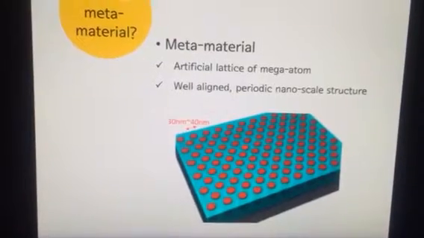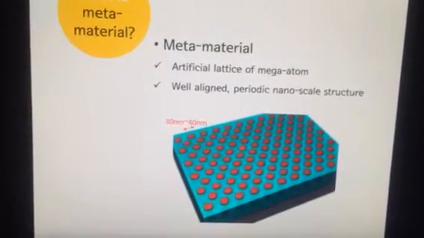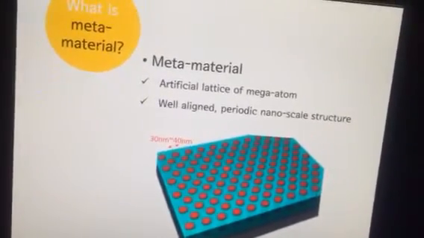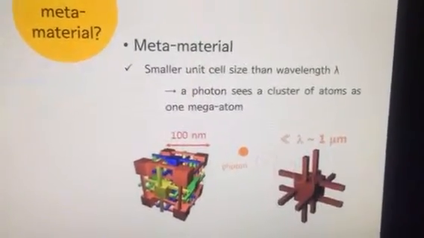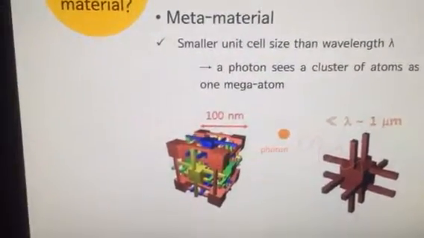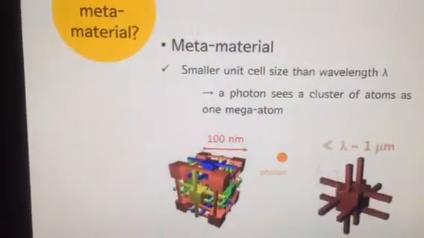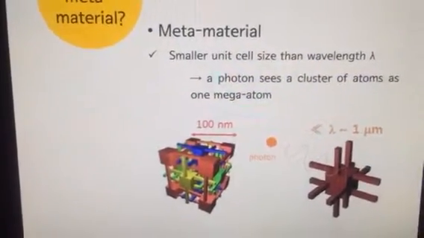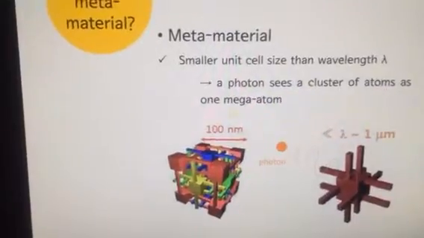Metamaterial is composed of many artificial lattices of mega-atoms, which are well-aligned periodic nanostructures. The unique feature of metamaterial comes from this part. If the artificial structure is smaller than the wavelength of photons, the light particle notices that cluster as one large mega-atom.